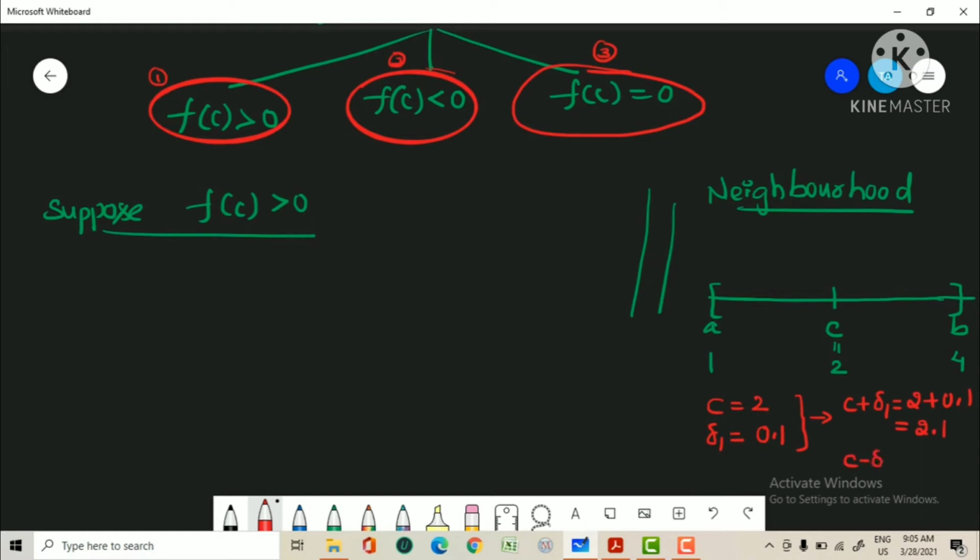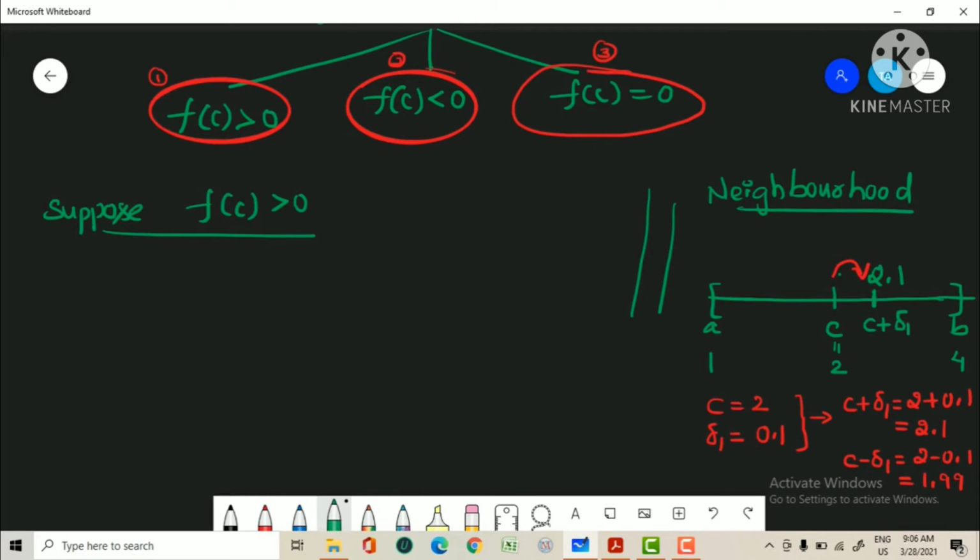If I try to find c minus delta 1, I will get 2 minus 0.1, that is equal to 1.9. So when we add 0.1, I am getting 2.1. Here we are moving to the right hand side. So this point we call c plus delta 1.